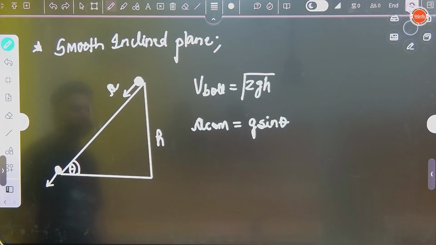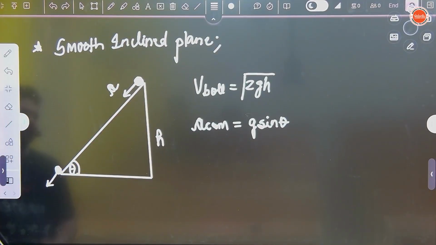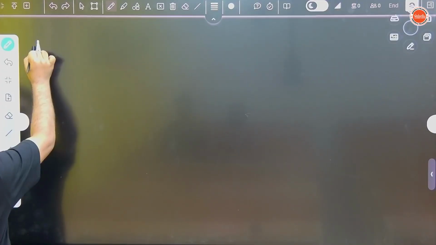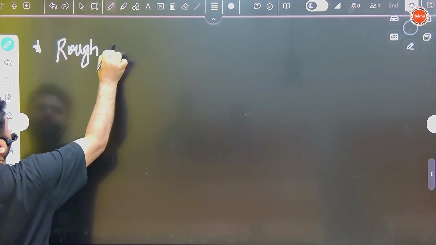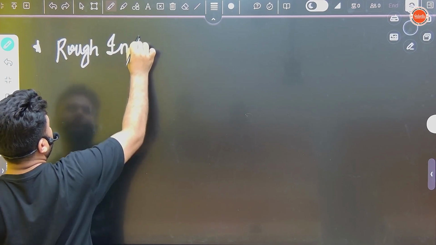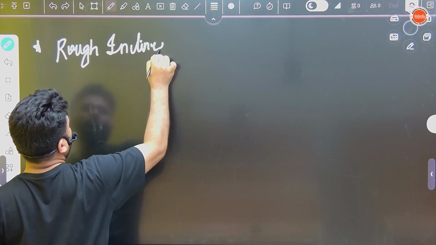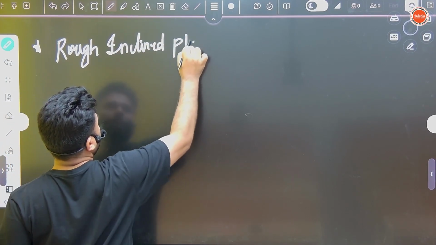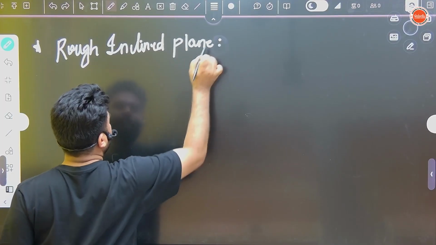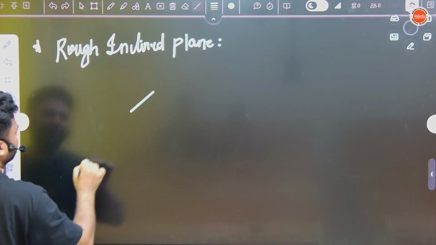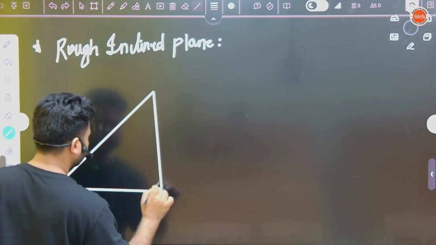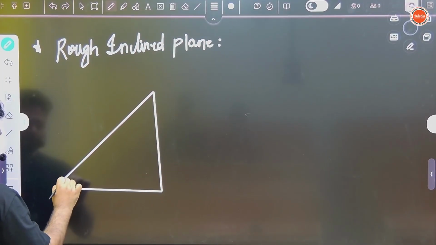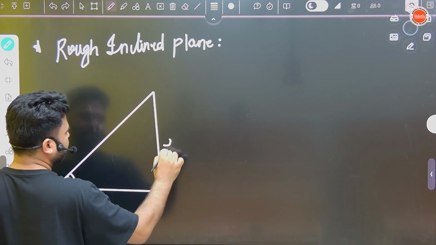Correct. But if we have a rough inclined plane, means same situation, but now the plane is rough. This height is h.